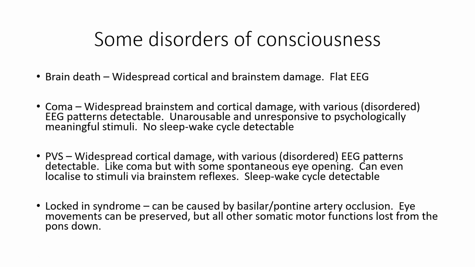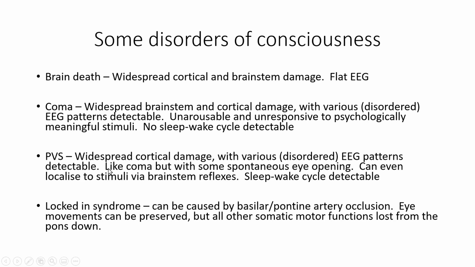And that is the key thing that differentiates coma from persistent vegetative state. Because in PVS, patients do seem to have a sleep-wake cycle detectable on the EEG. In PVS, they've got cortical damage, and they do have some disordered EEG patterns.